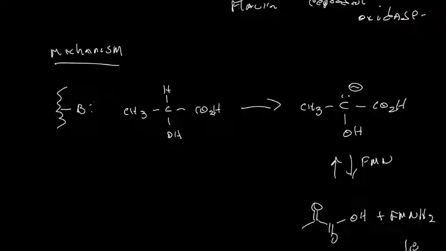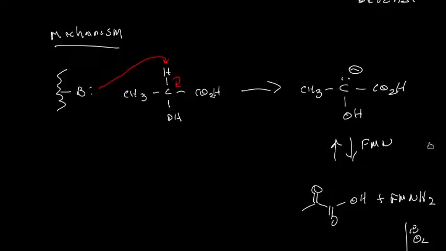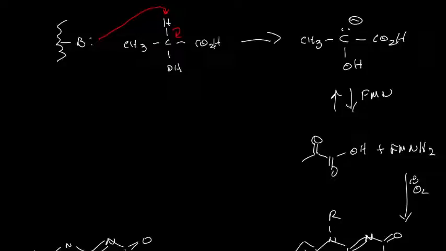Now, the enzyme, acting like a base, deprotonates the proton on the carbon that's connected to the hydroxyl group of the lactate. That generates this carbanion intermediate. When that reacts with FMN, it generates FMNH2, the reduced form of the enzyme, and oxidizes the lactate to pyruvate.